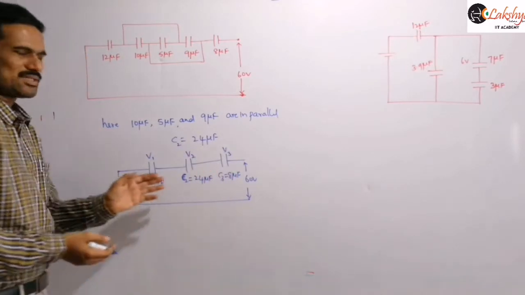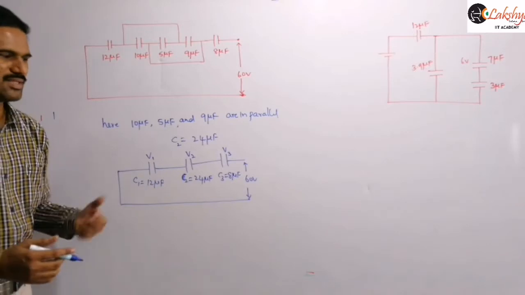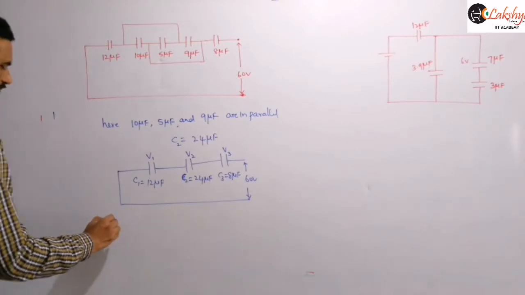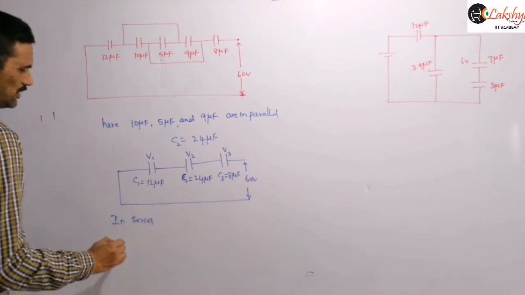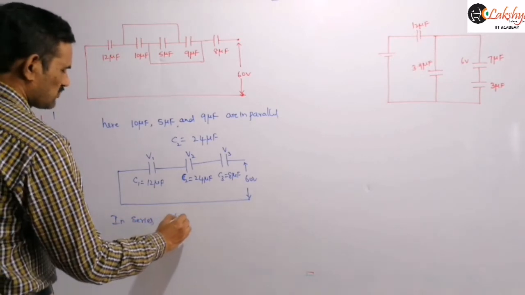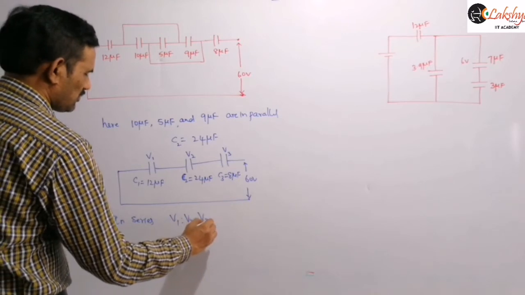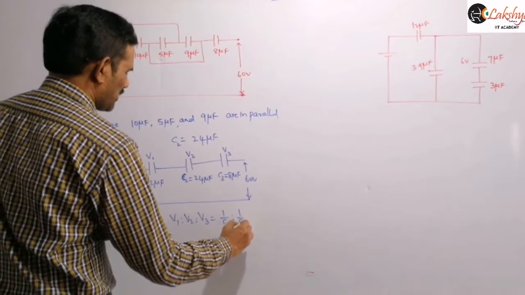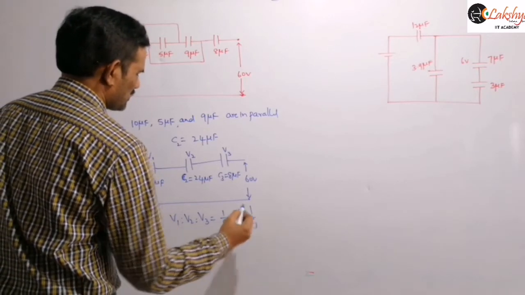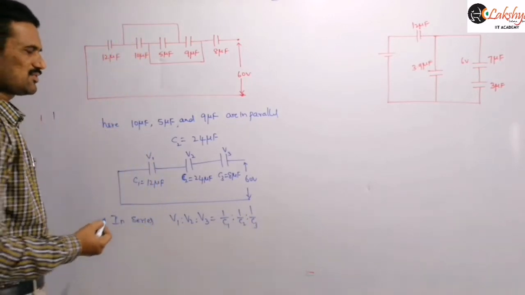Now all these 3 capacitors are in series. In a series combination, the ratio of the potentials V1 to V2 to V3 is equal to the inverse ratio of their capacitances: 1 by C1 to 1 by C2 to 1 by C3.